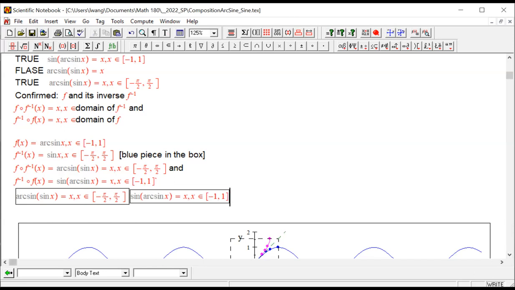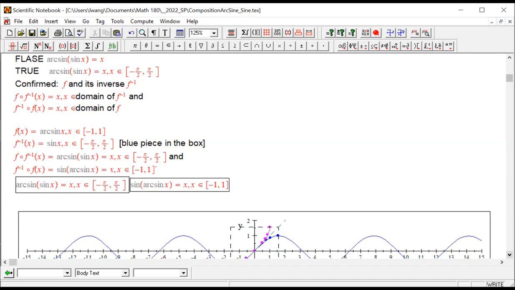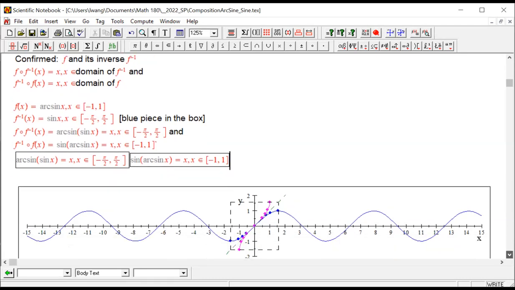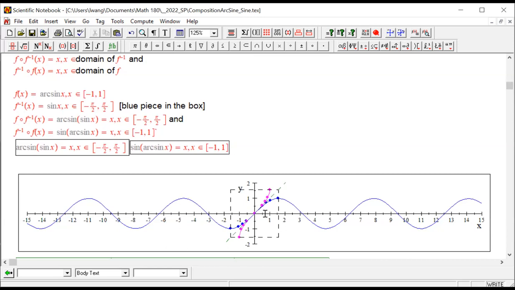All of this is because of the discussion we had in the lecture before this one about creating a new function, which is the blue piece in the box, and that function has an inverse. It is a truncation of the sine curve on both sides, or the way we talked about it, the unit circle with quadrant 2 and quadrant 3 removed.